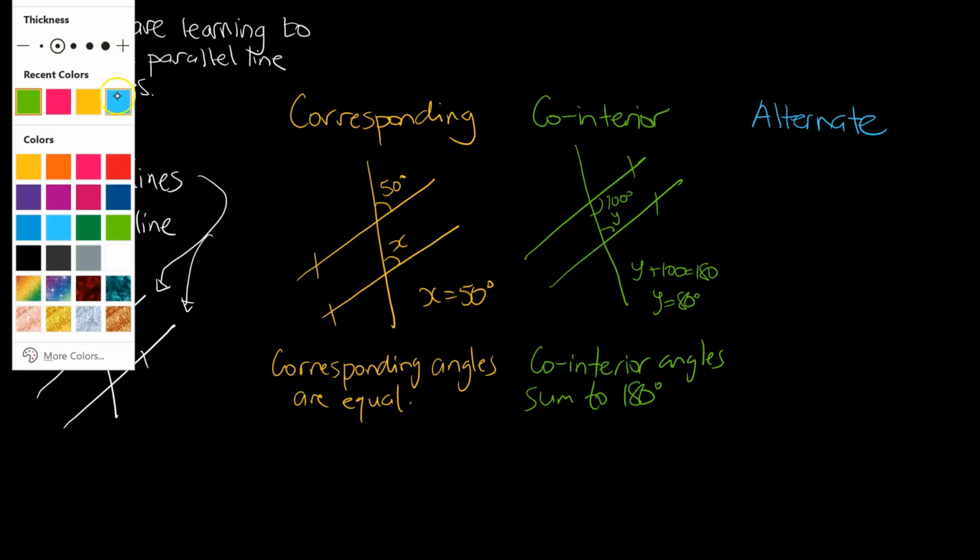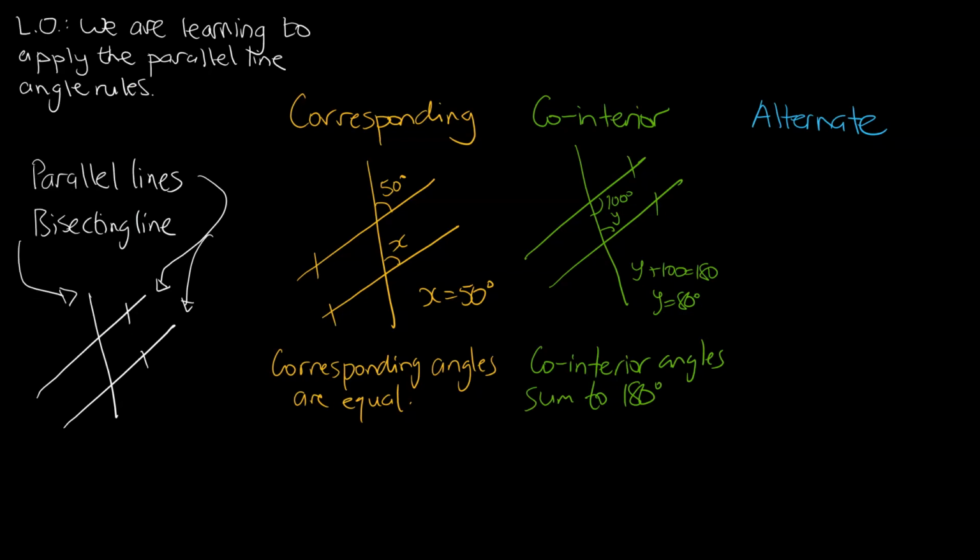And the final one we're going to look at are alternate angles, and then we're going to go back and try to compare them to see how we can get them to each apply. So let's draw another set of parallel lines. So we know they're the same by those marks, and we're going to draw a bisecting line. And alternate angles, they're a bit harder to spot. They are angles that sit within, I call it within the train track, but they are opposite each other in terms of those lines.